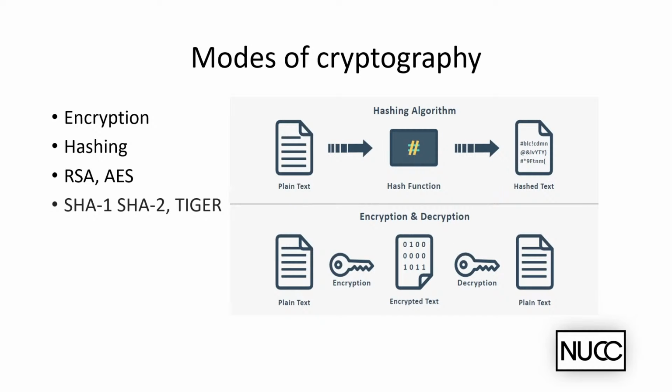There are two main modes of cryptography: encryption and hashing. I slightly mentioned encryption already. It is taking plain text and running it through with an encryption key and producing encrypted text.